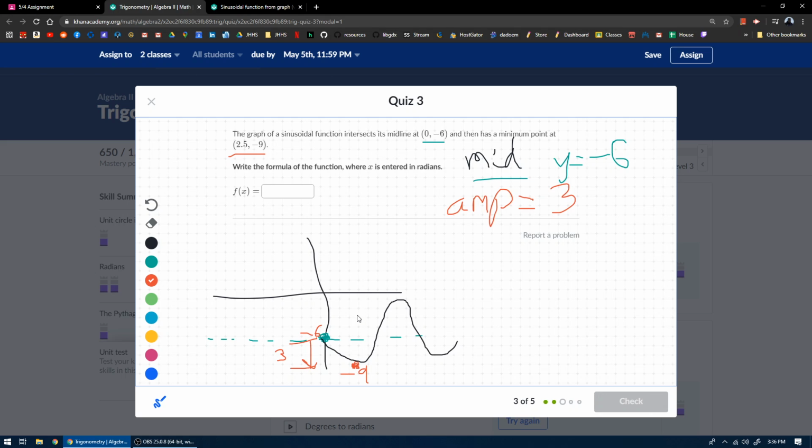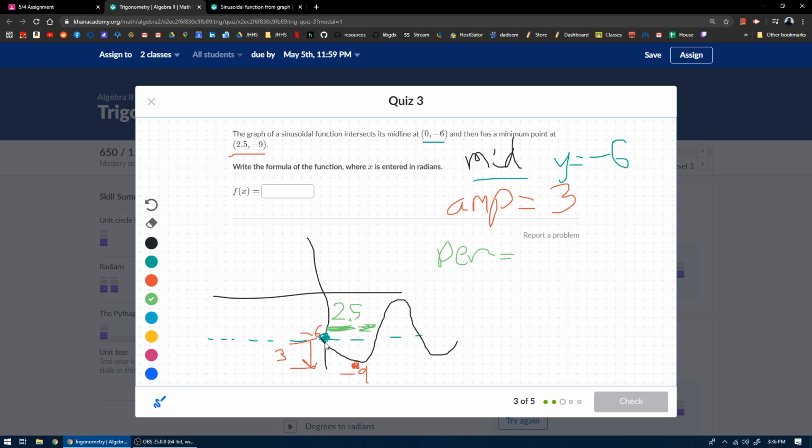Okay, so period. What is the period? Well, the period helps us think about this length right here. What's this length from 0 to 2.5? So it's a distance of 2.5. Now going back up to 0, what do you think this distance is?